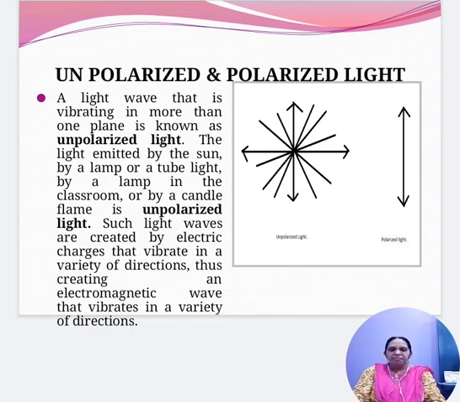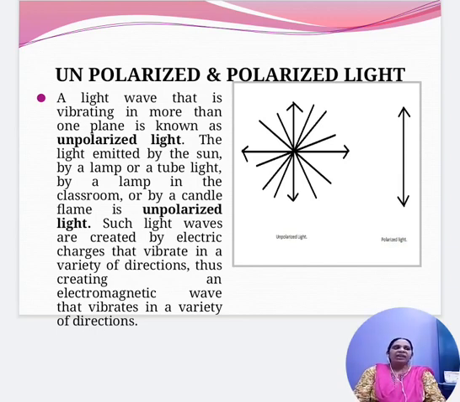Such light waves are created by electric charges that vibrate in a variety of directions, thus creating an electromagnetic wave that vibrates in a variety of directions.